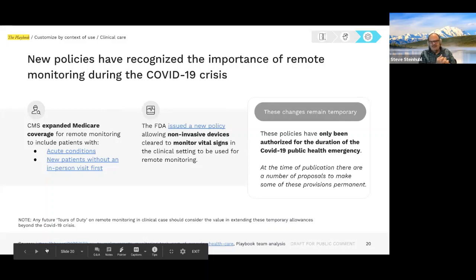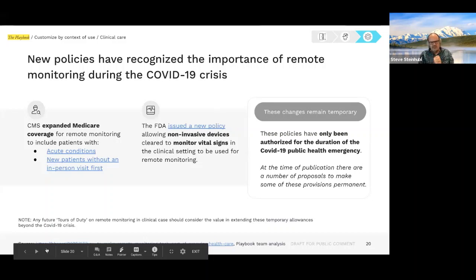As the slide highlights, these changes remain temporary, but hopefully they're going to continue on. We in Alaska already did a lot of telehealth, and did a lot more early in the COVID period, but it's a reminder to most physicians who had never done telehealth before that it's just a poor version of an episode of care. It's not really taking full advantage of digital technologies. But it's opened the door to individuals seeing what's possible.